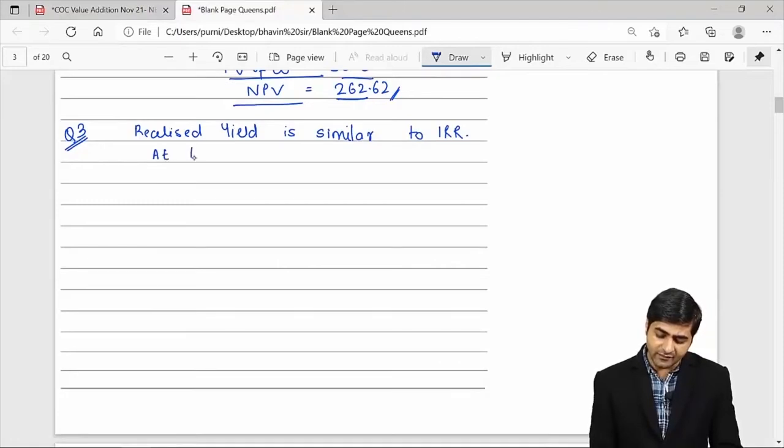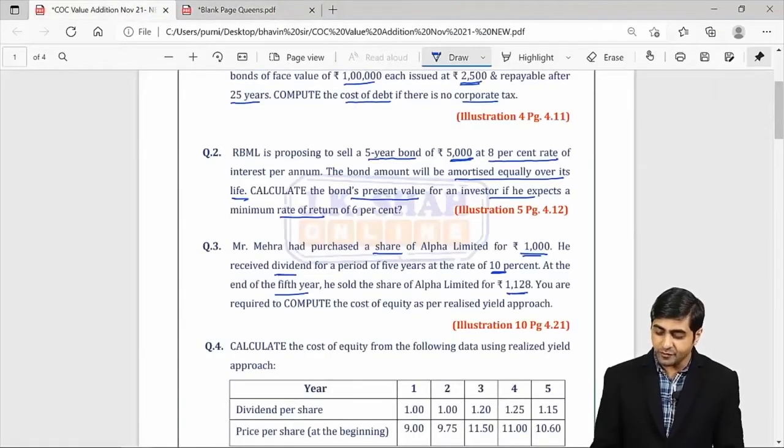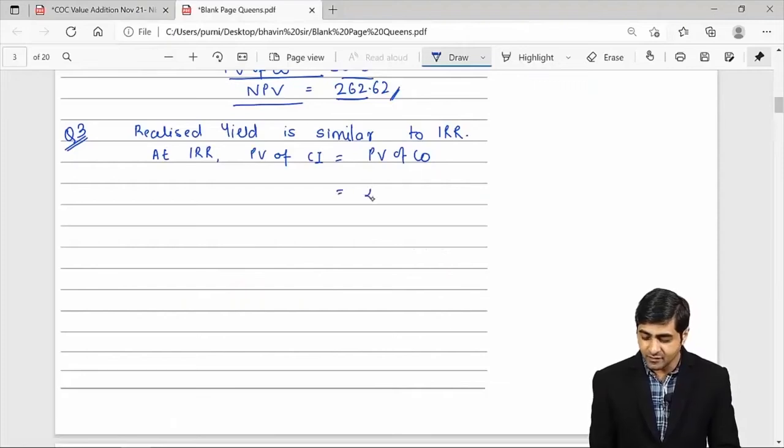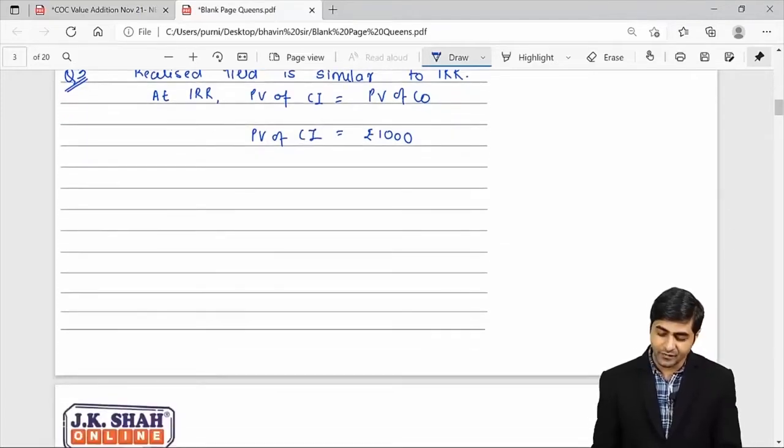At IRR, PV of CI is equal to PV of CO, and your PV of CO is 1000, hence your PV of CI will also become 1000.